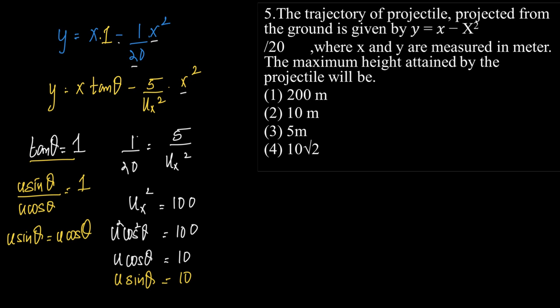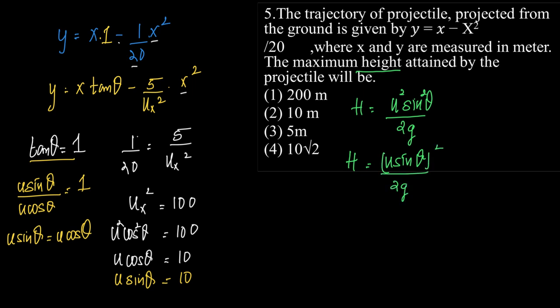The question is to find out the maximum height. So what is the maximum height? We know that height is given by u square sin square theta by 2g. So we have h is equal to, now what is u sin theta? It is 10. So u square sin square theta becomes u sin theta the whole square upon 2g.